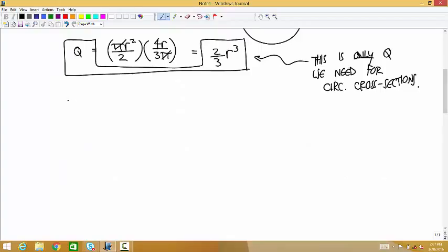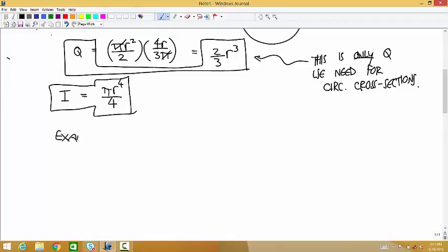And then the area moment of inertia is equal to pi r to the 4th over 4. You can get that from a table, and that's the only one of those that we're going to use. So let's do an example.